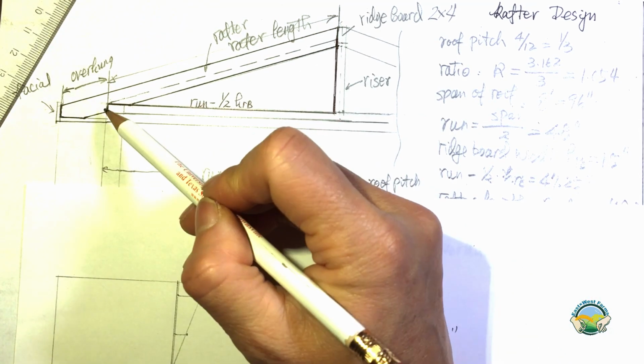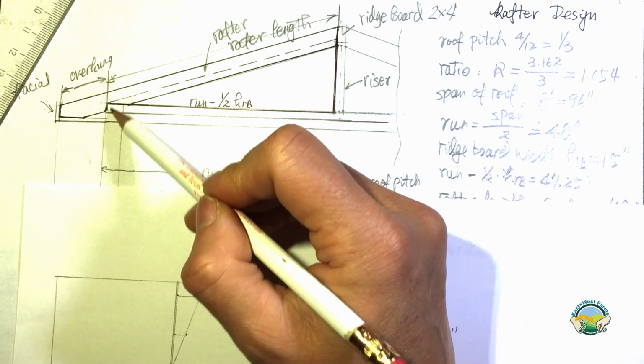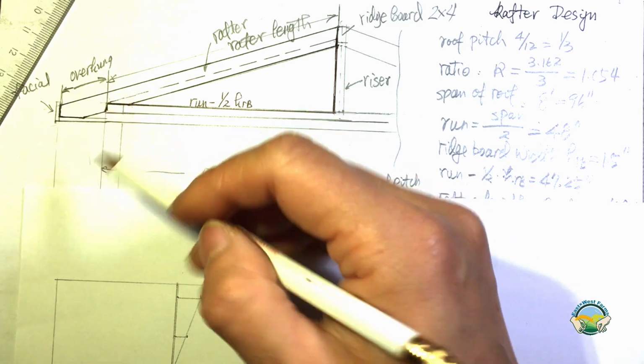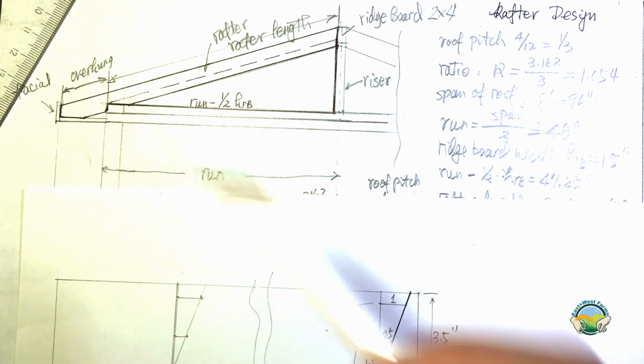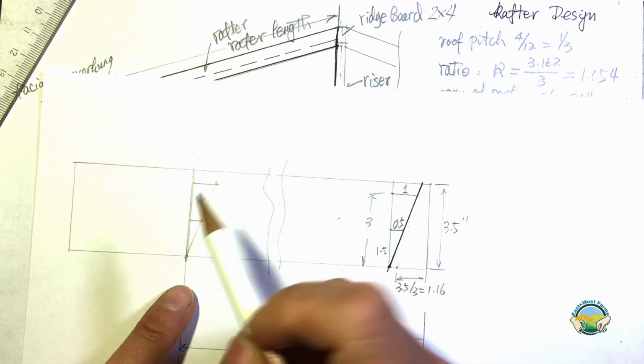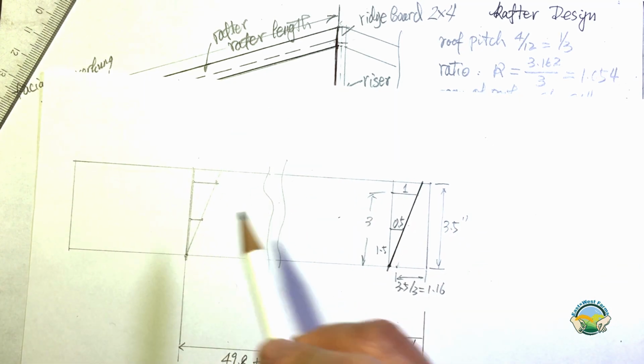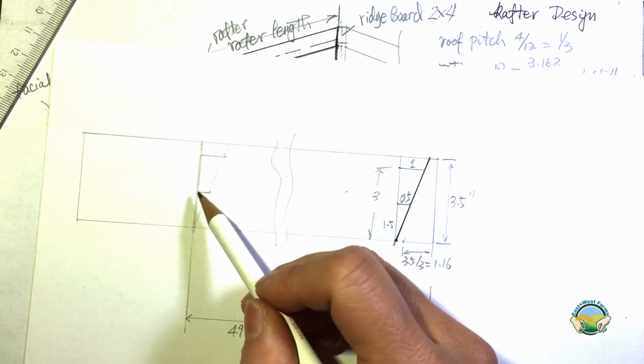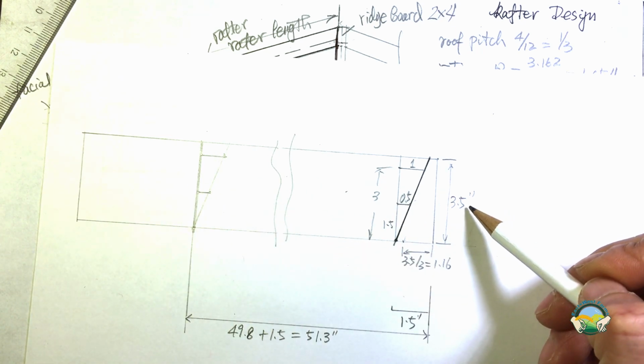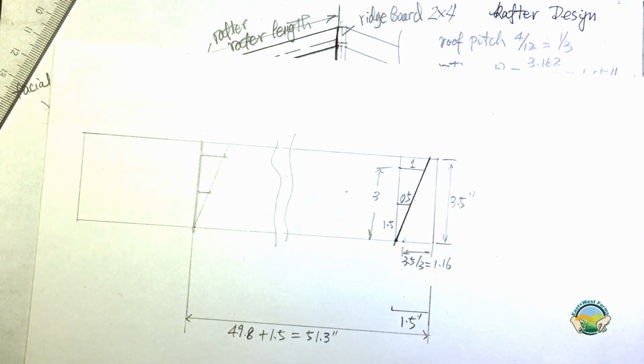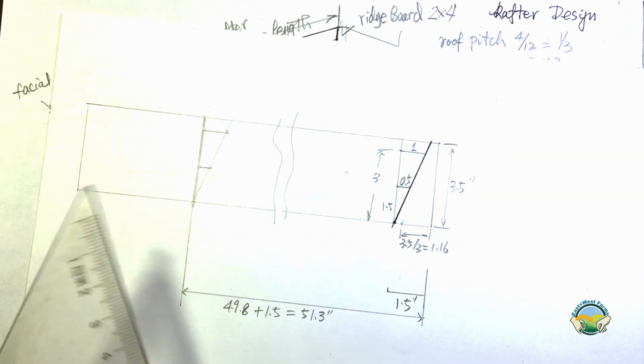Usually the depth of the bird mouth is between maybe 1/3 and 1/2. So I will just use the 1.5 line as a reference, because 1.5 compared with 3.5 is less than 1/2 and more than 1/3. So that's a good dimension to use.